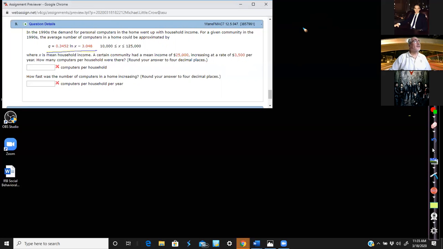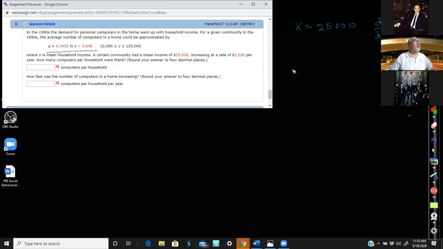We are told that the mean income for a certain community, so their X at a particular point, is 25,000, with the rate the income is changing, dx/dt, being equal to a positive 3,500.